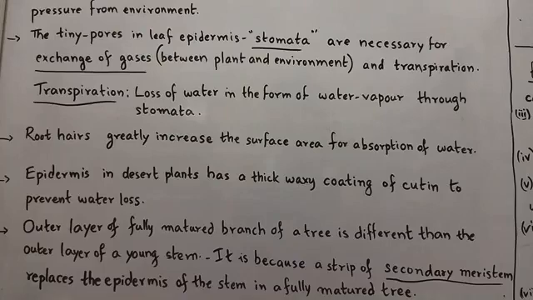Stomata are necessary for two important purposes. First purpose is exchange of gases between the plant body and the environment. And second purpose is that stomata are necessary for transpiration.